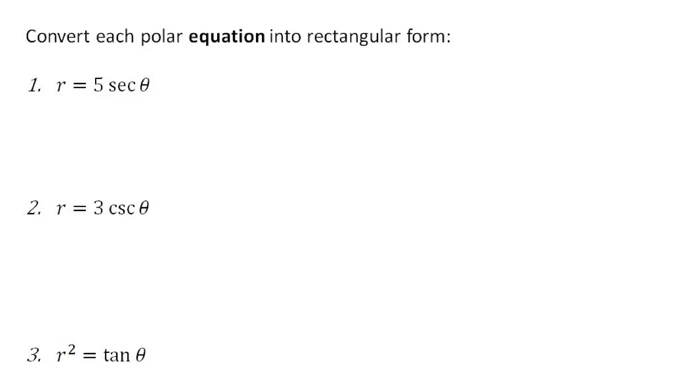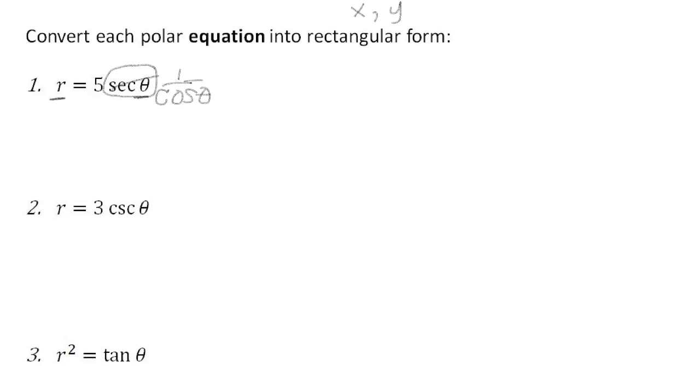All right, now we're going to go from a polar equation into a rectangular equation. So we're going to go from theta and radius to x's and y's. So the first thing we might need to do is rewrite secant. We know secant is the same thing as 1 over cosine.